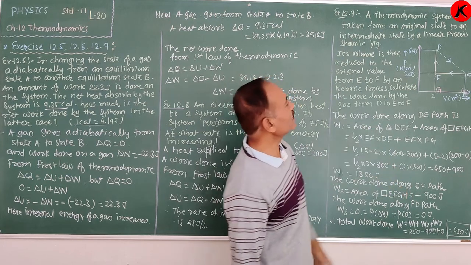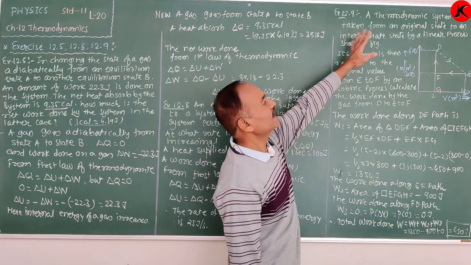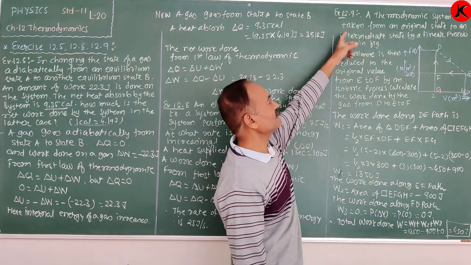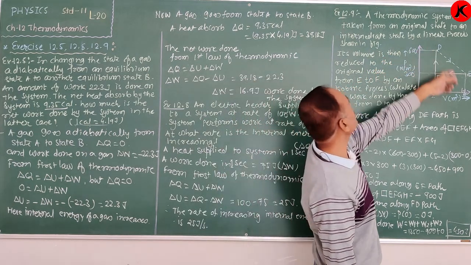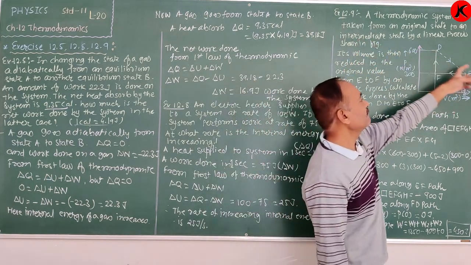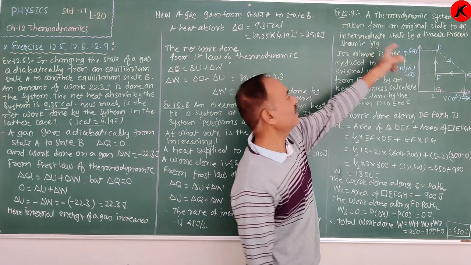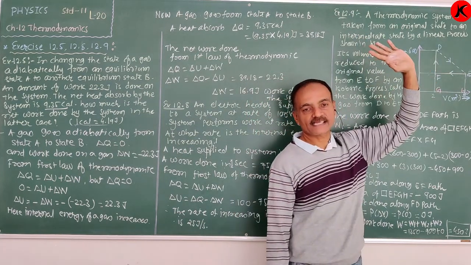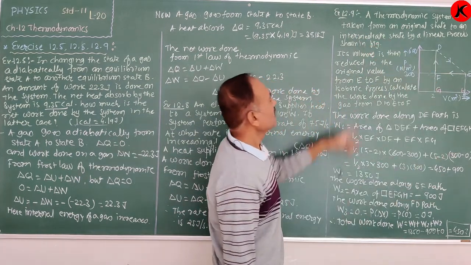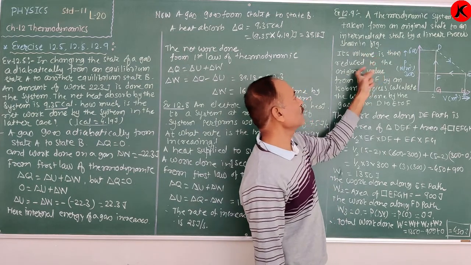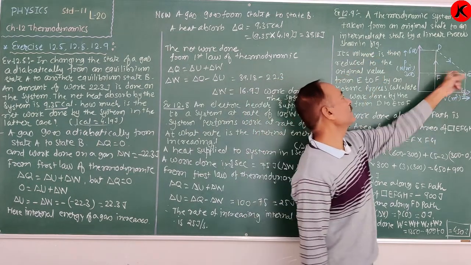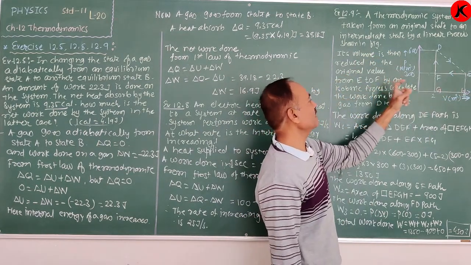We have to calculate here: a thermodynamic system is taken from an original state to an intermediate state by a linear process and again to the initial state. Its volume is then reduced to the original volume from E to F by an isobaric process.